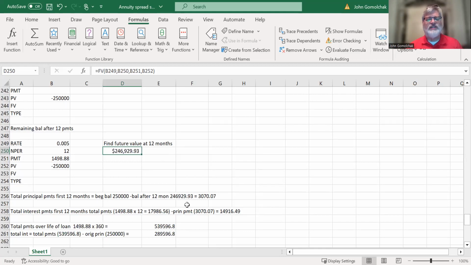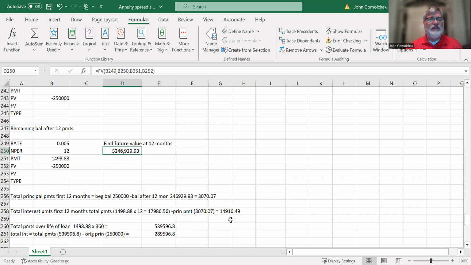Well, the interest is easy to calculate, because we end up with a principal balance at the end of the 12 months of $246,929, and we started with 250, so it's going to be the 250 minus the 246. That's going to be $3,070.07. So that is our total principal payment.